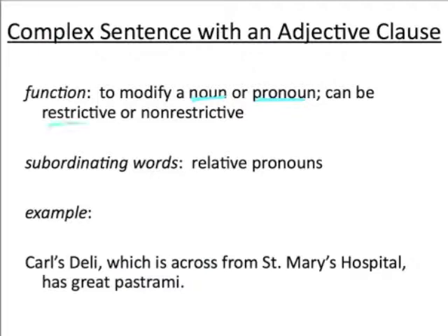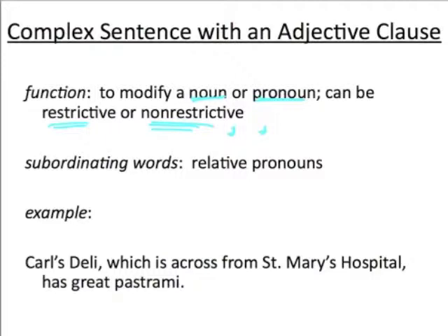Remember that adjective clauses, too, can be restrictive or non-restrictive. The non-restrictive adjective clause is the one that has the commas, a pair of commas enclosing it. What we mean by that is that the information inside the non-restrictive adjective clause isn't absolutely crucial to identify the noun that it's modifying.